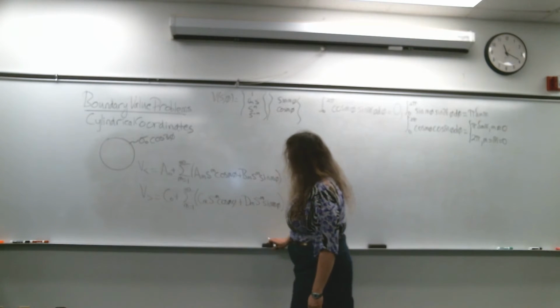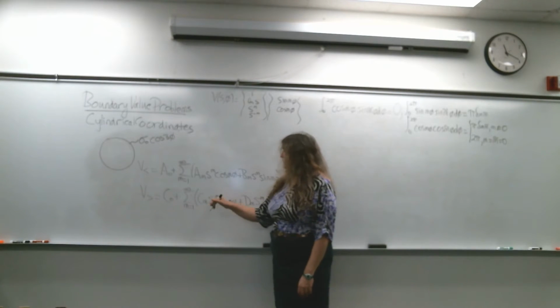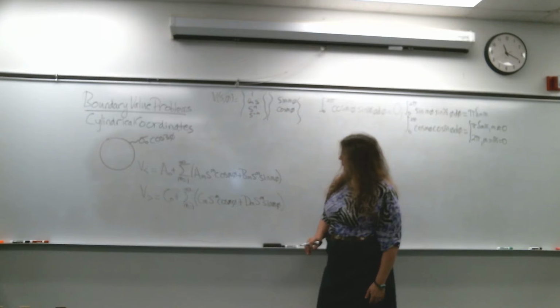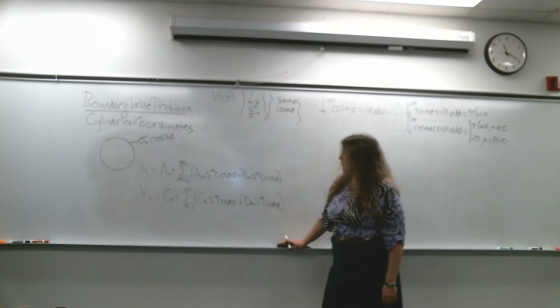And here's my solution. So basically these two forms are the same, identical, except if we have s to the n up here, we have s to the minus n down here.